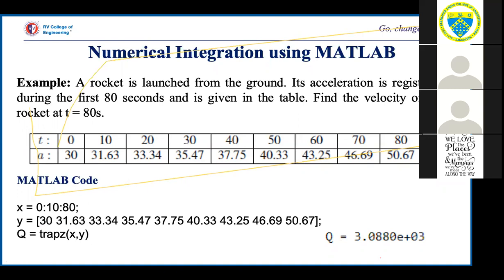In this case, you have values of the function corresponding to values of t, right? In both the cases, numerical integration works. So it is a very simple code. You are giving x and y as row vectors, and the function is trapezoidal, trapz of x comma y.